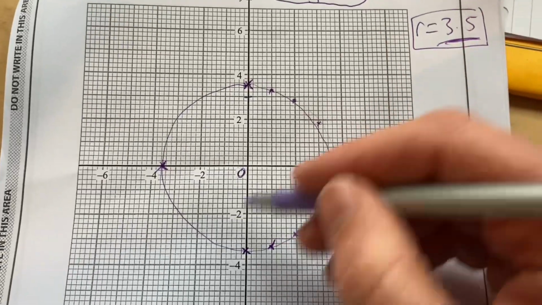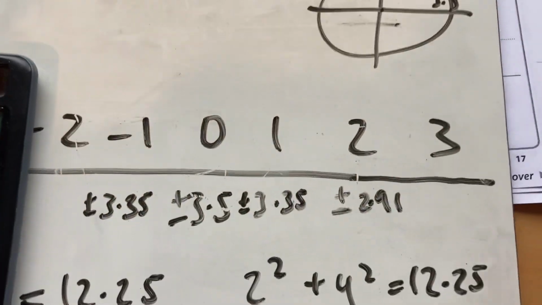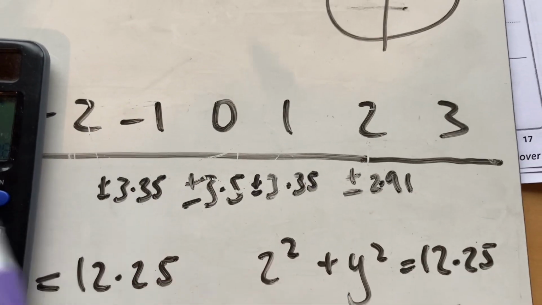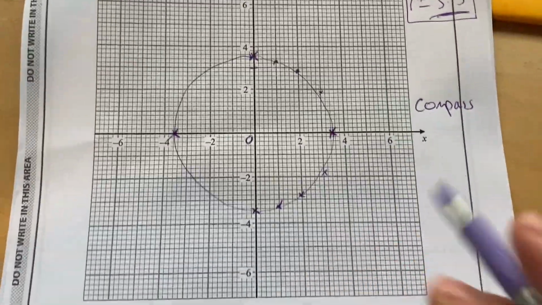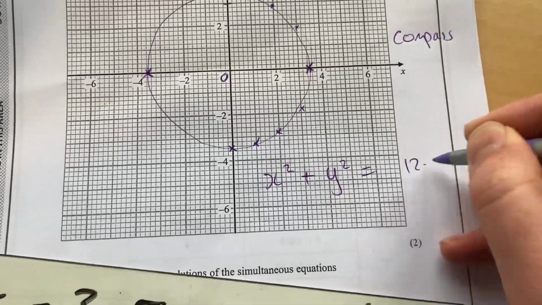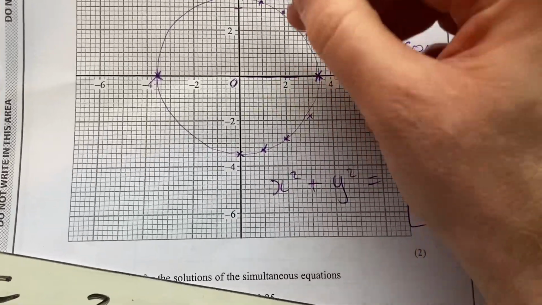But I wanted to get a few of those values with a table of values. And again, it's symmetrical, so whatever the case is for 2, it's going to be for minus 2. So that is that circle of x squared plus y squared equals 12.25, where the radius is 3.5. That's that distance there and distance anywhere.